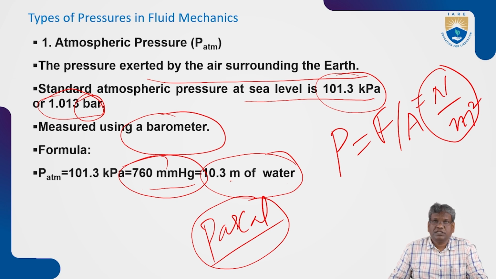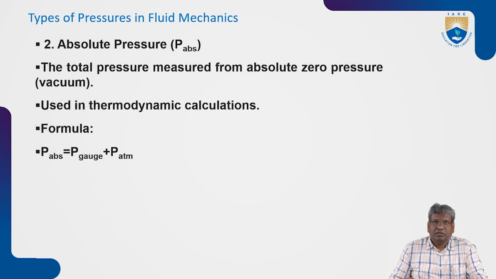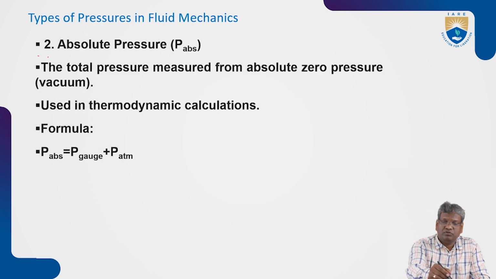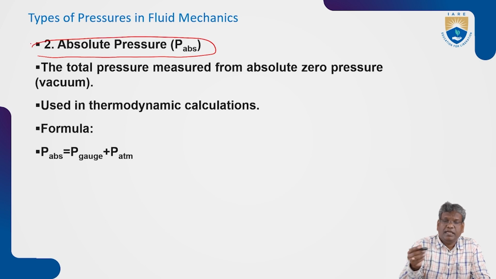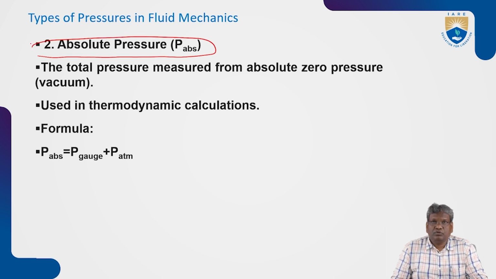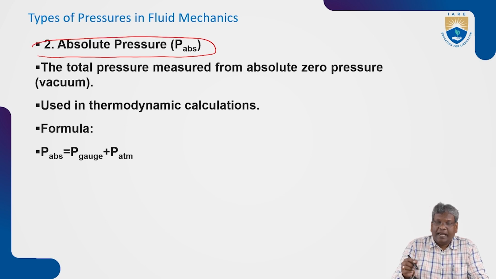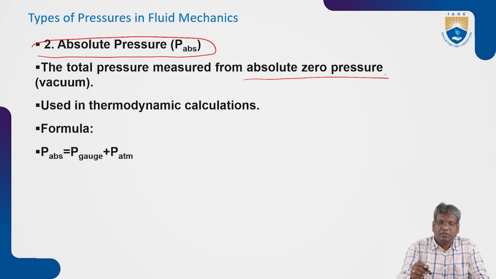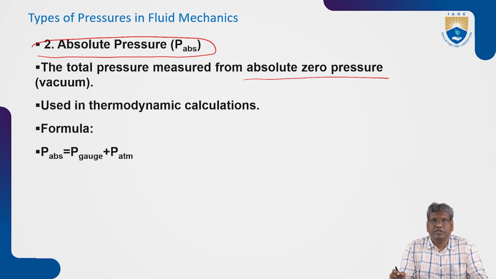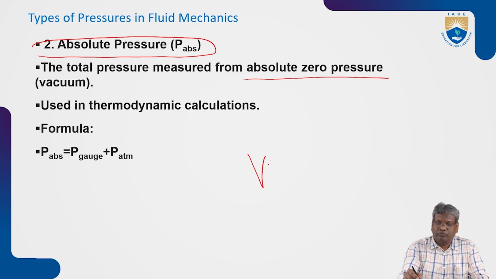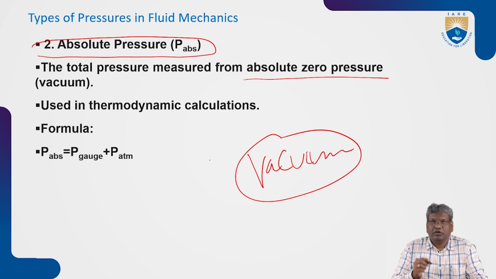So the first one is atmospheric pressure. The second one is absolute pressure. What do you understand by absolute pressure? The total pressure measured from absolute zero pressure. Absolute zero means vacuum. Vacuum means if you remove the air and create zero pressure, that is called a vacuum.